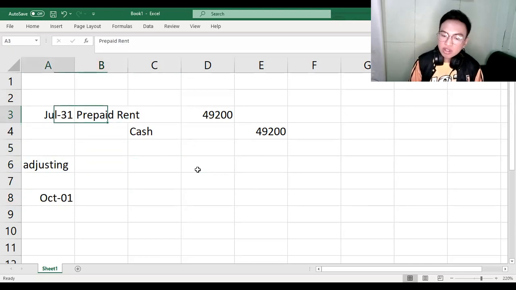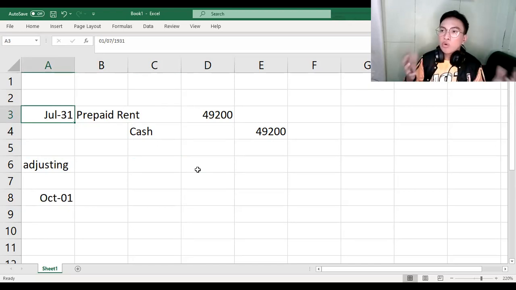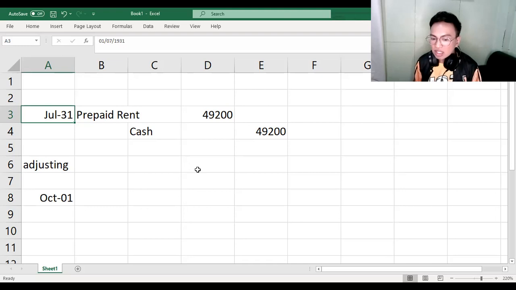If this rent started on July 31, definitely the rent was not consumed for the whole month of July. Kasi nga, nag-start lang siya, dulo na ng July. So, kailan ba talaga tayo nag-start mag-renta? Actually, we started using the space on August pa.